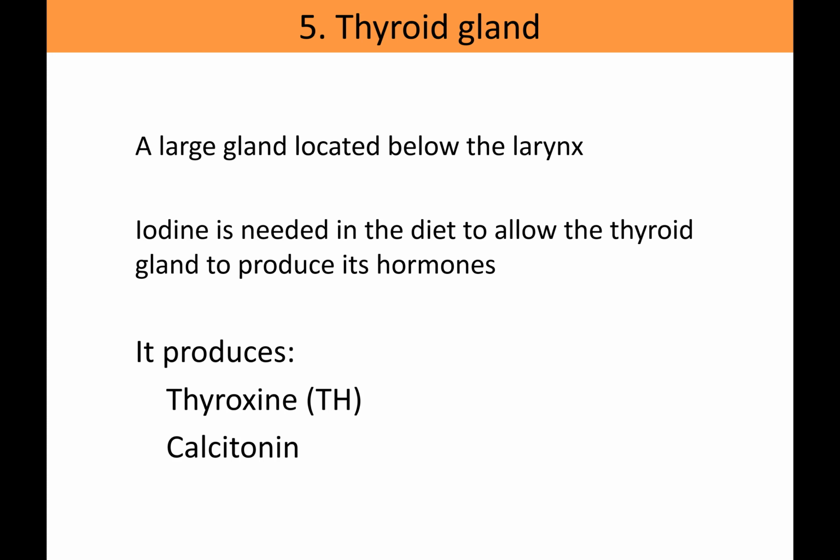Now we get to the thyroid, and I would imagine that this is probably a pretty common issue in people's family. A lot of times thyroid disorders are inherited as well. But remember, the special thing about the thyroid is it's the only place in the body that takes in iodine.